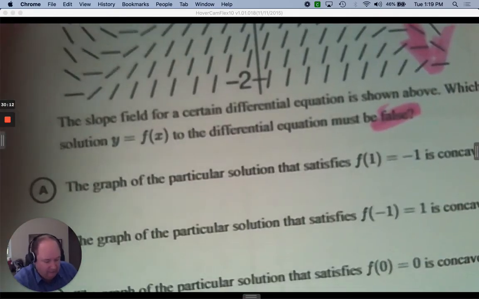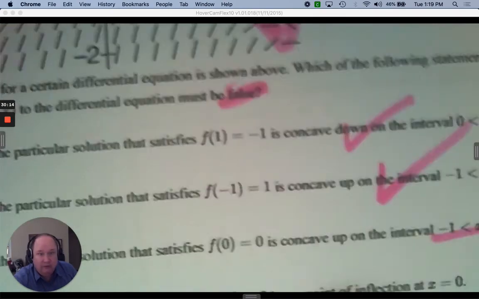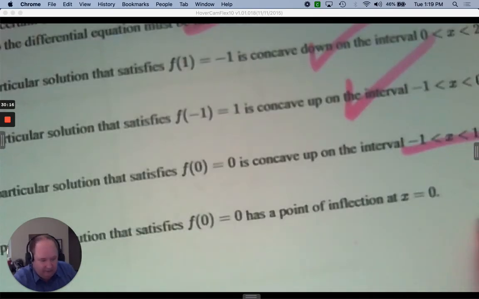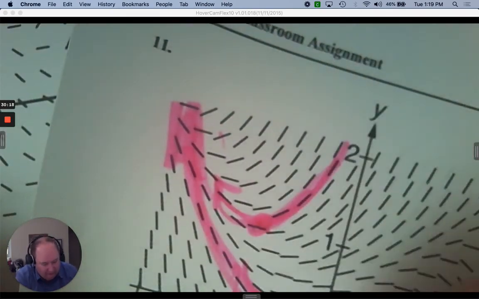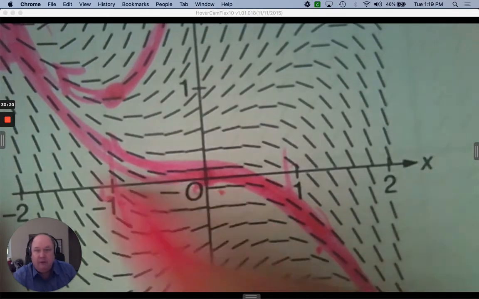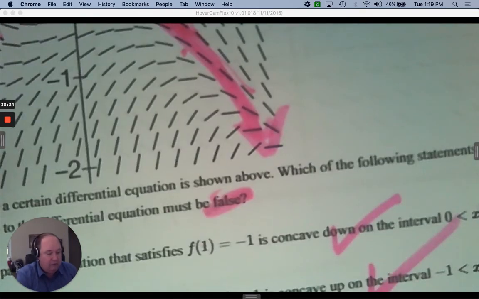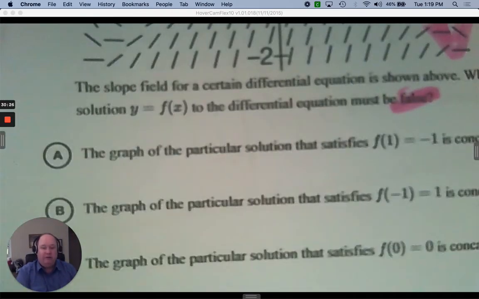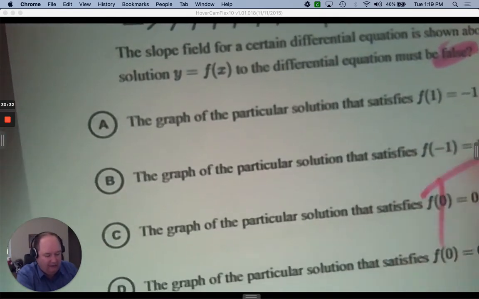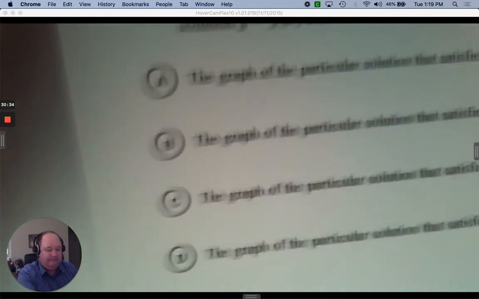How about the last one? F at 0 equals 0 is a point of inflection. So the concavity changes there. Is that true? At 0, 0, does it go from concave up to concave down? So you pick which one is the false answer out of all of these.